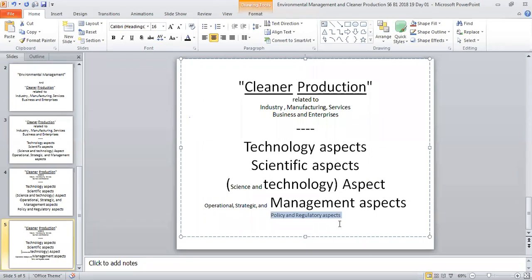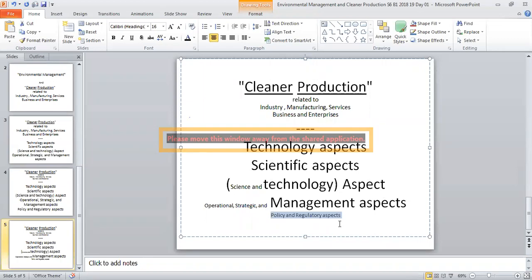There are green technologies, there are green jobs. We can improve the green nature of all the industries and processes. So that is in short the environmental management and cleaner production, and that associates with the industries.